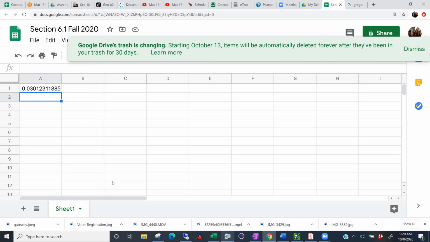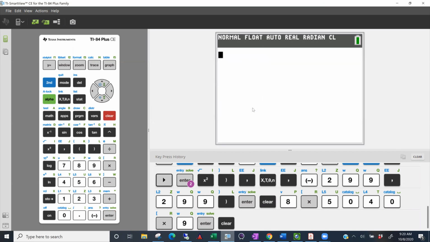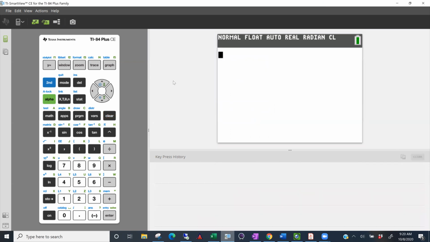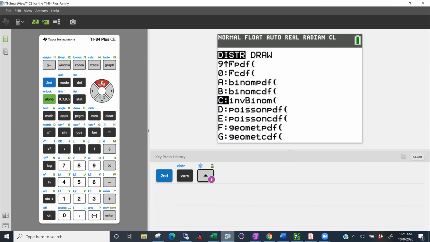So on the graphing calculator, this should look like this. Let me clear out this stuff here and here. So you hit second, and then distribution, then you go up 6 or 7 times, depending on your calculator, to binomial PDF.